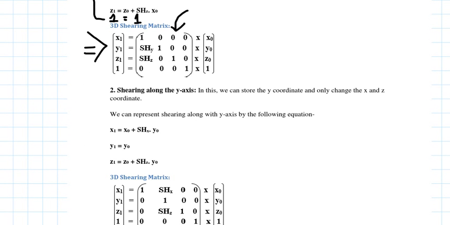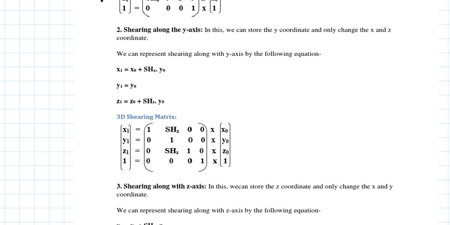So just observe this set of equations, how the changes are taking place, and if you convert this to homogeneous matrix equation by appending 1 equals to 1, then you get something like this: vector x1 y1 z1 1 equals to, this is your shearing matrix along y-axis.